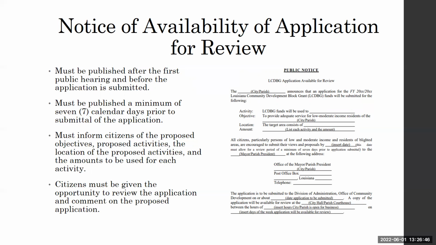Again, all the information that's shown in this sample notice is required. You need to say when it will be submitted, the proposed objectives, activities, and the location of the project, the amount that you're applying for, and the location and the hours the application is available for review. It has to be published at least 7 days prior to submitting it to our office.